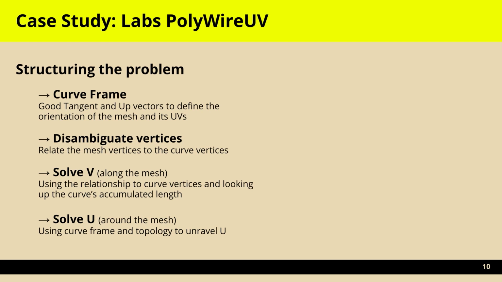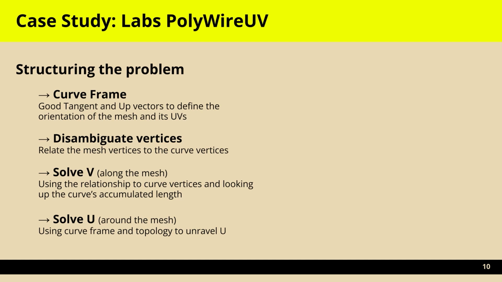Third is solving for the V coordinate, including the accumulation of length and providing options for how that is interpreted to form the vertical component of the UV. And fourth is the U coordinate, using that up vector and also the topology to work out a stable U coordinate.